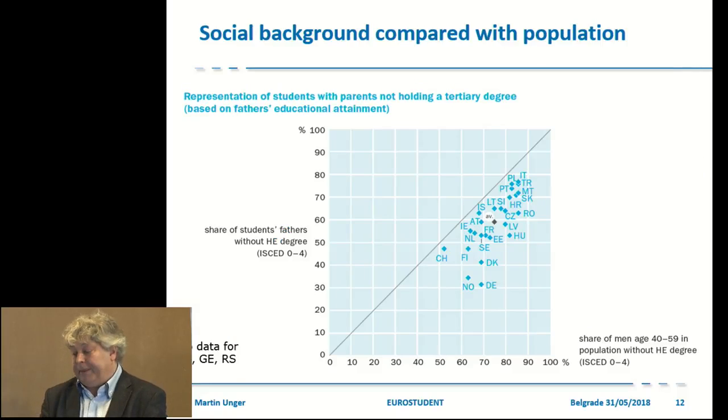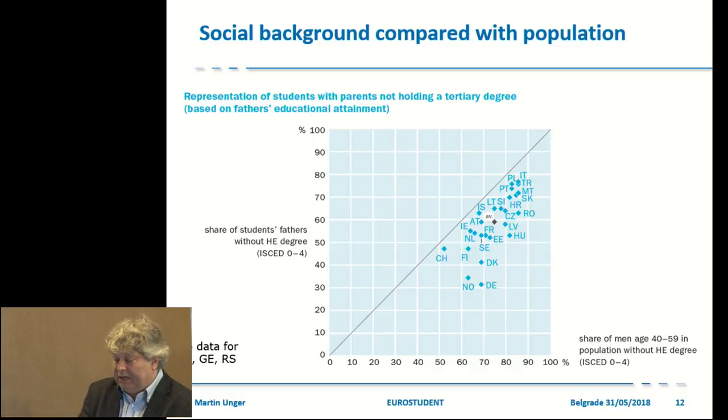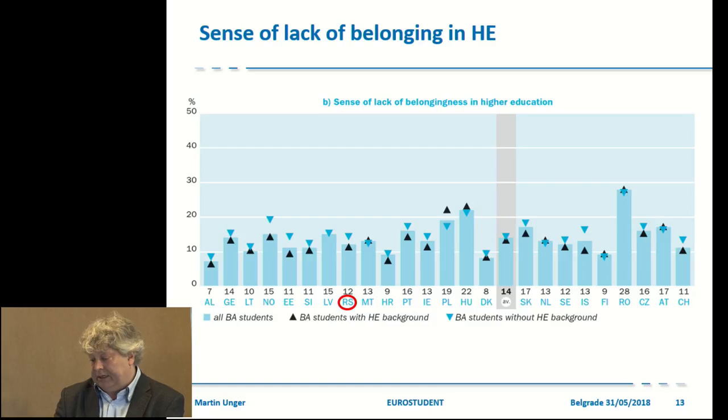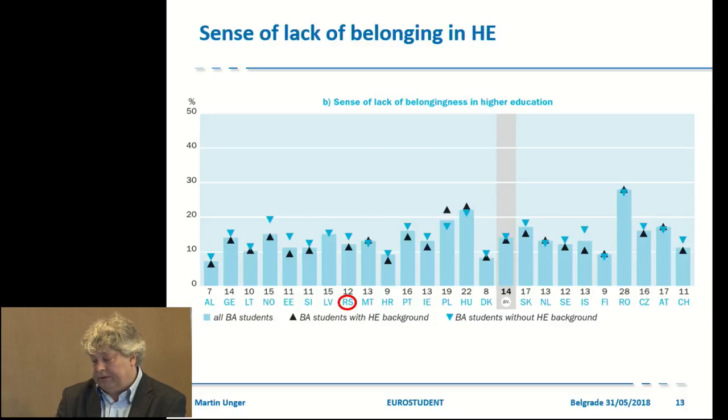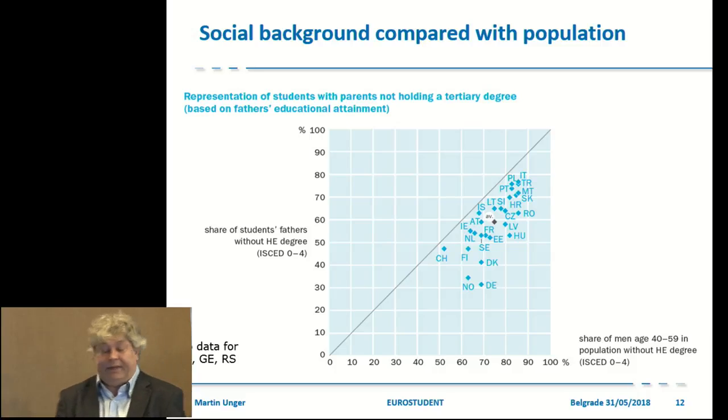So this would be the social background, as we have measured it for a long time in Eurostudent. Sorry, and it's a pity that Serbia was not able to deliver this data. Here again, we contrast the background of the students with the educational level of the parents in the whole society.